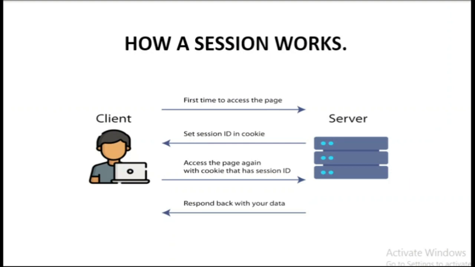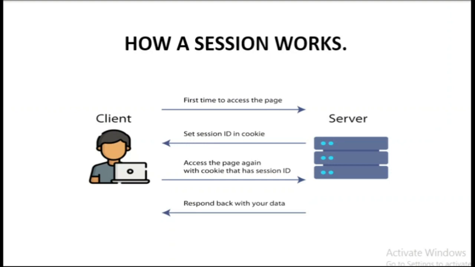And when that same client tries to access that same page with the cookie that has a session ID, the web container will then see that ID and then match the session for that ID that it gets, and that is basically how a session works.